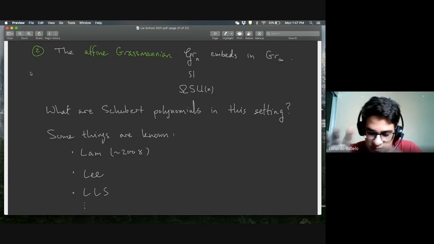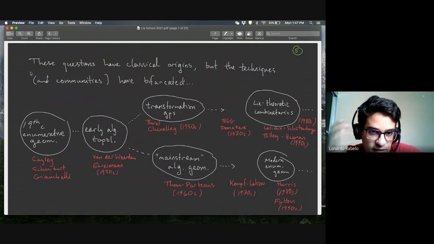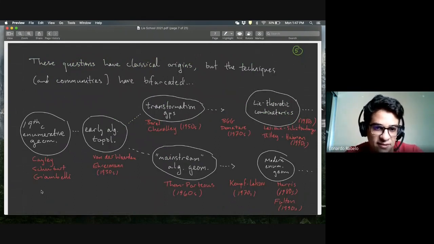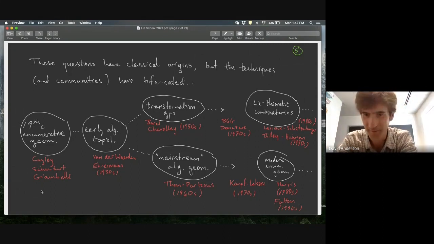Going back to the big picture on page 5, what can be said about the real case? Oh yeah, I know you're very interested in that, and I've left that out almost completely here. But that's very interesting too, and that's a whole other connection between Lie theory and transformation groups.